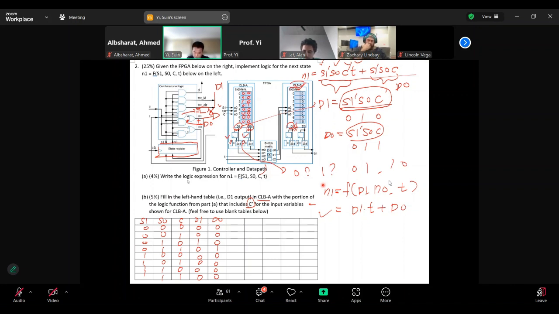So now let me map this A2, A1, A0. So what is A2? A2 is O0, and O0 is connected to M1. So M1 is D1. Okay, then what is A1?